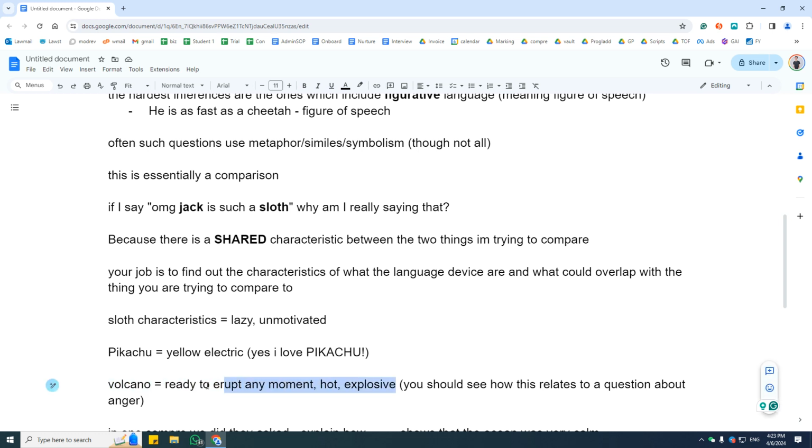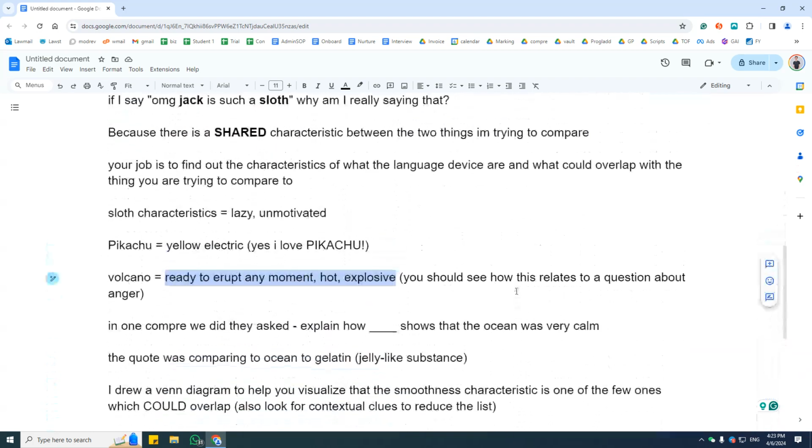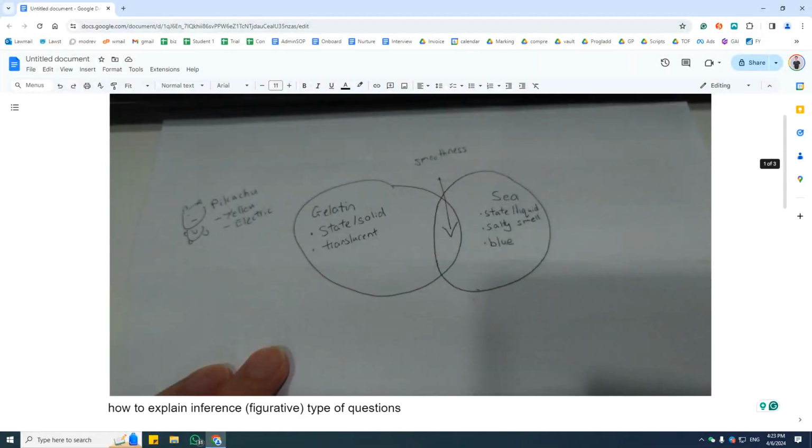And you will start to see that it overlaps with certain ideas of anger, assuming they ask you to infer about his attitude or his anger. How does the phrase about to erupt like a volcano suggest something about John's attitude? So that can help you to think of the ideas already. I've drawn a Venn diagram to show you how that looks visually.